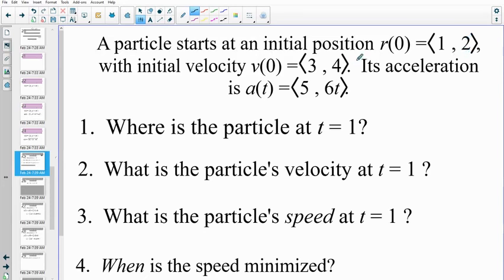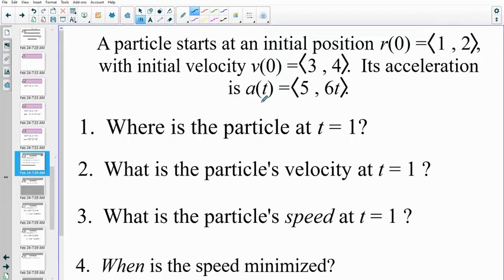The velocity at that moment in time is 3, 4, so it's heading up farther into the first quadrant. And the acceleration is not just given at a moment in time, but it's given as a function of time. So I've got the position at a certain time, the velocity at a certain time, and then the acceleration as a function of time. And that's a big distinction.